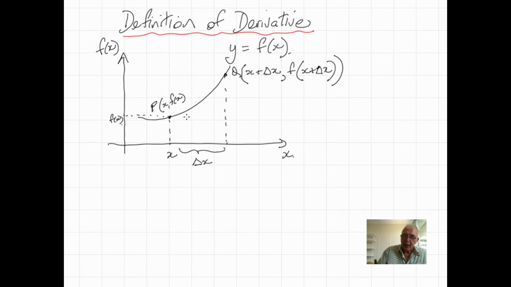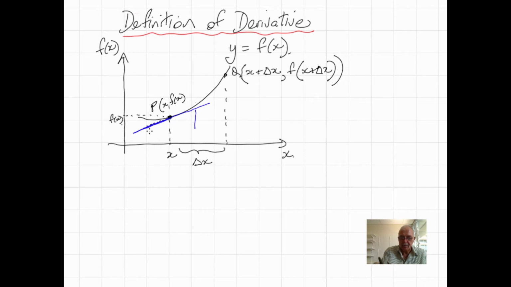Now we saw in the previous video that if we want to get the instantaneous rate of change of f of x as x increases, as one quantity increases with respect to another, if we want to know exactly the rate of change at this point where x is equal to x, we would need to be able to calculate the gradient of that blue tangent at point P. So that will give us rise over run, the rate of change of f of x as x increases.